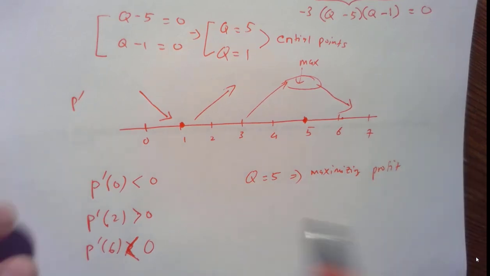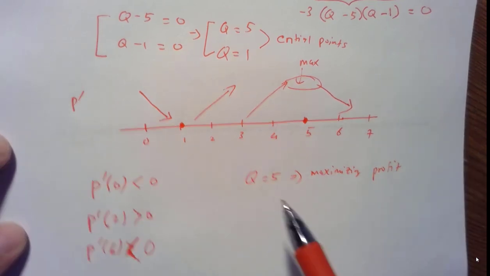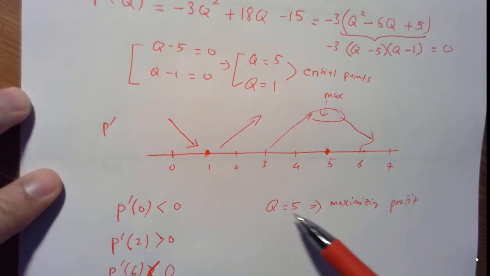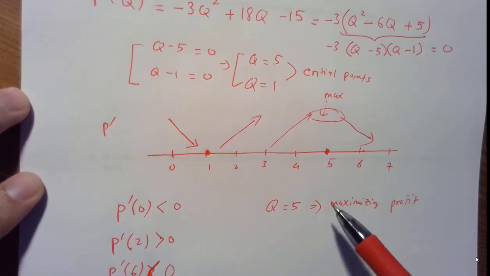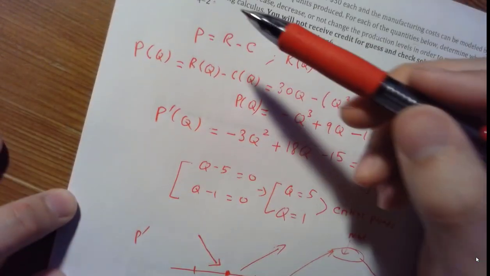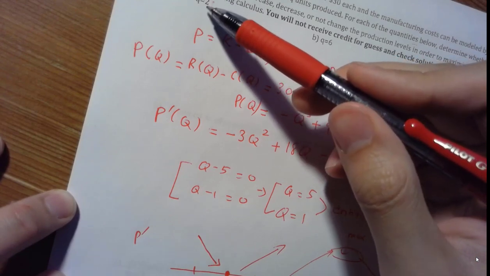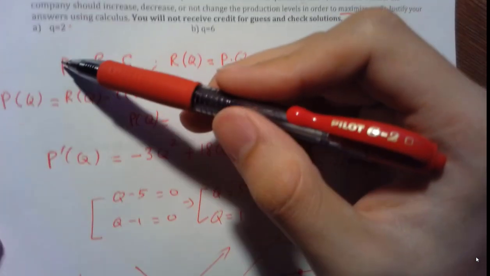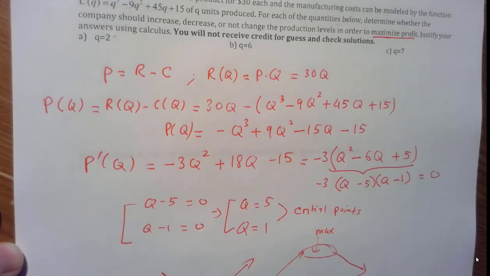Okay, maximizing the profits. If we know that Q equals 5 is the level that maximizes the profits, then at Q equals 2, should we increase or decrease? We know that Q equals 5 is maximizing.